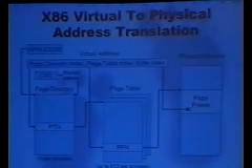This slide gets a little complicated, but I'm going to do my best. Basically, when virtual to physical address translation occurs at the hardware level, there's a series of steps that you have to go through. First of all, you have to locate the page directory.